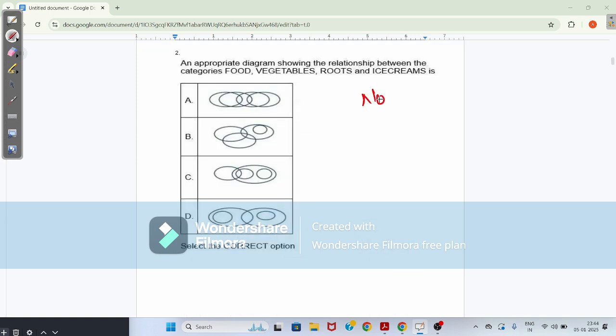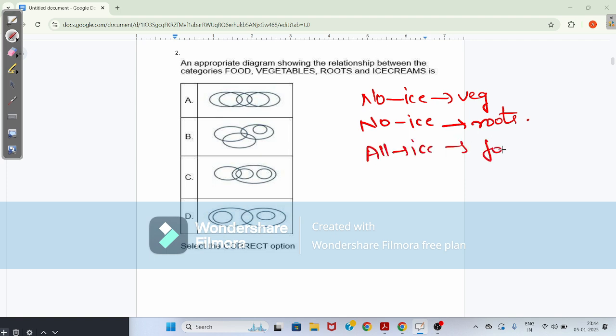Here, no ice cream is vegetable, no ice cream is roots, all ice cream is food, all vegetable is food, some roots are food.